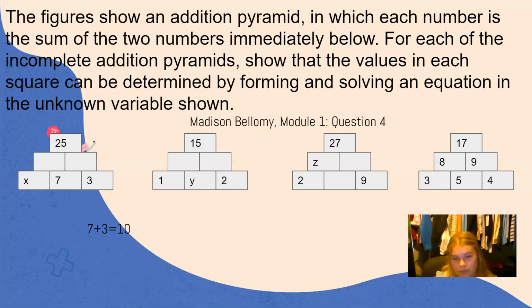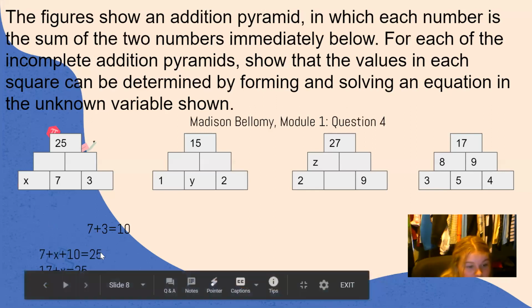But it wants us to establish an equation. So it would be fair to say that 7 plus x plus 10 is equal to 25. So we're going to go ahead and set up that equation: 7 plus x plus 10 is equal to 25.